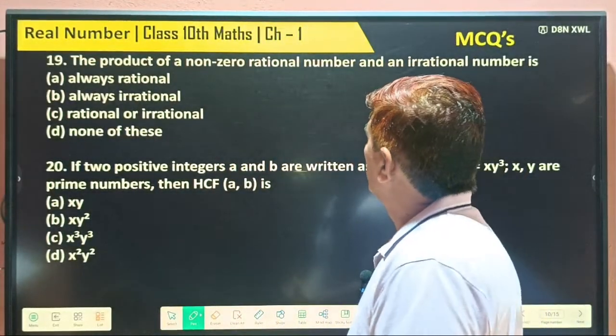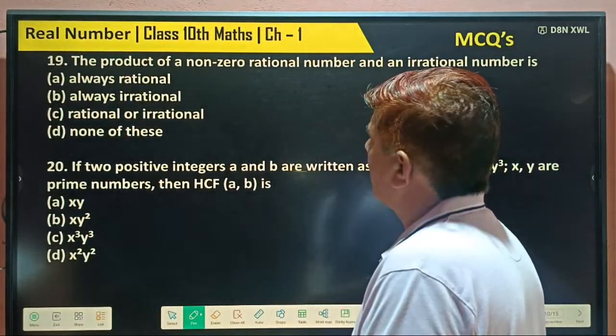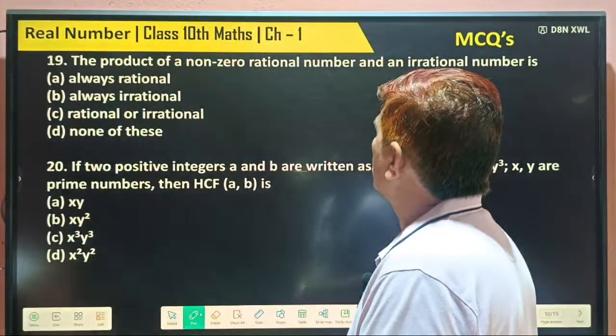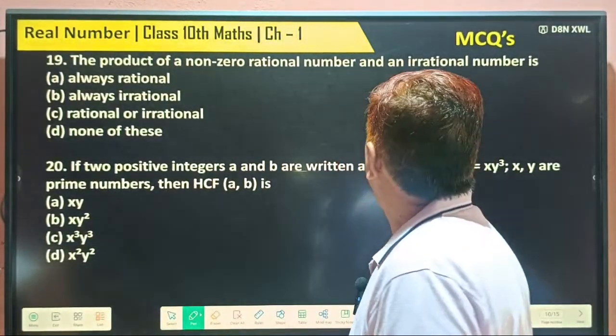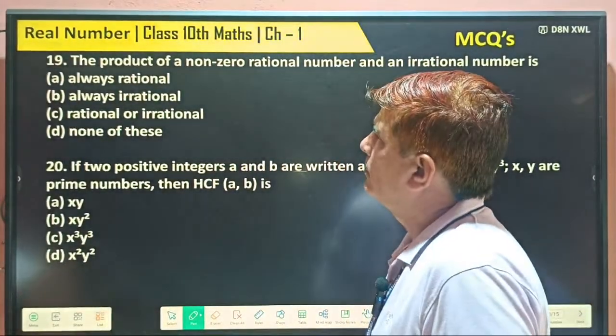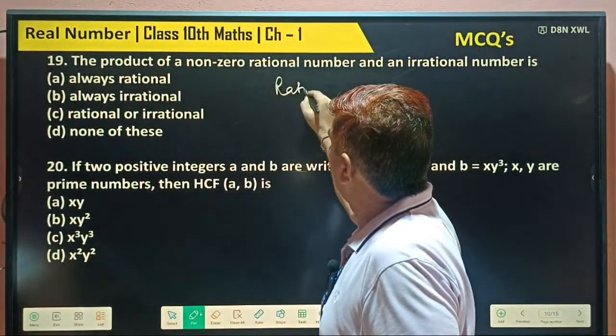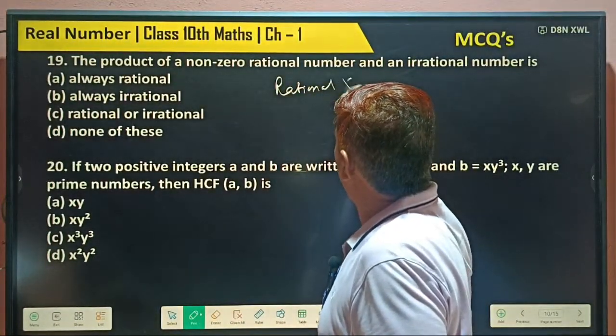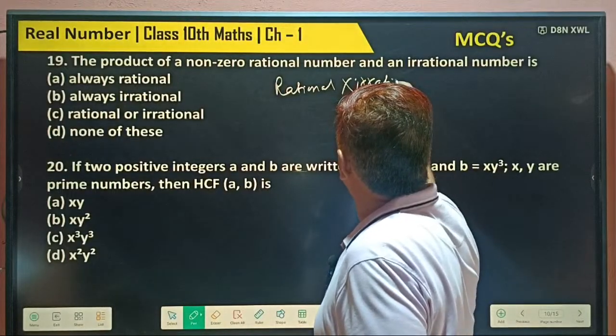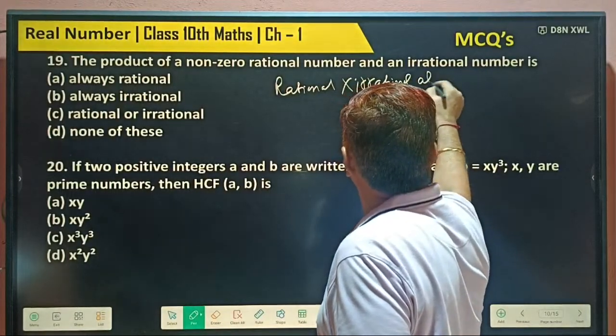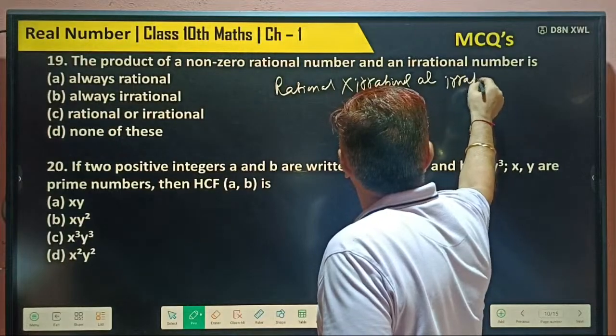I told you the product of a non-zero rational number and an irrational number. So the product of a rational and irrational is always irrational.